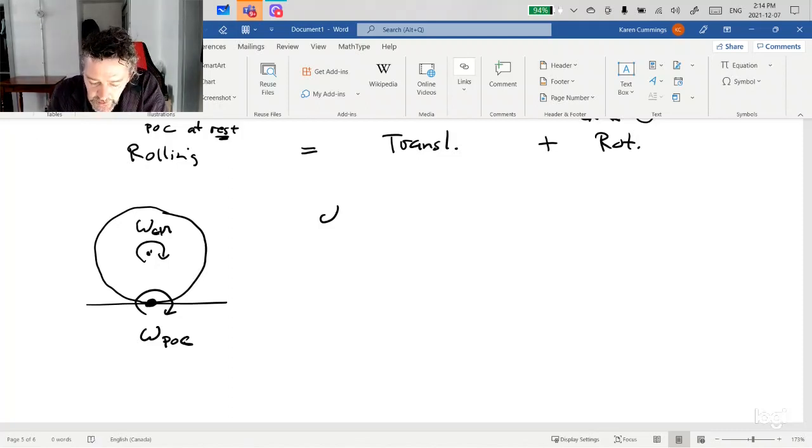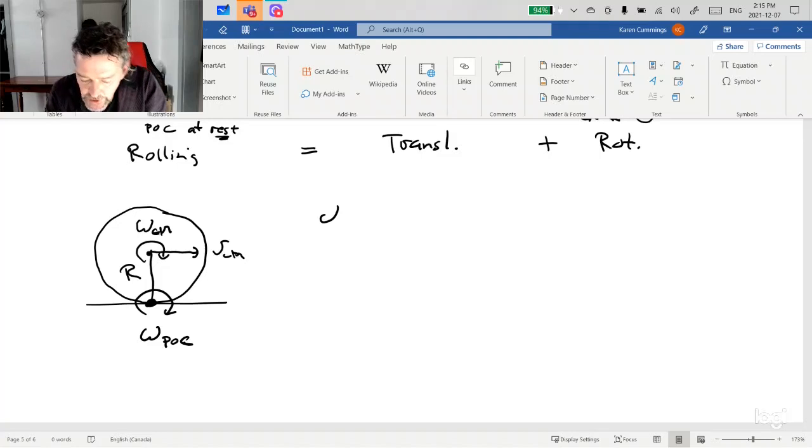We can figure that out easily enough because we know that speed is VCM, and we know that distance is the radius of the wheel r. If you have a rigid body rotating like this, then there's an angular velocity about this bottom point, and for any point on this object, the tangential velocity is the radial distance times that angular velocity.